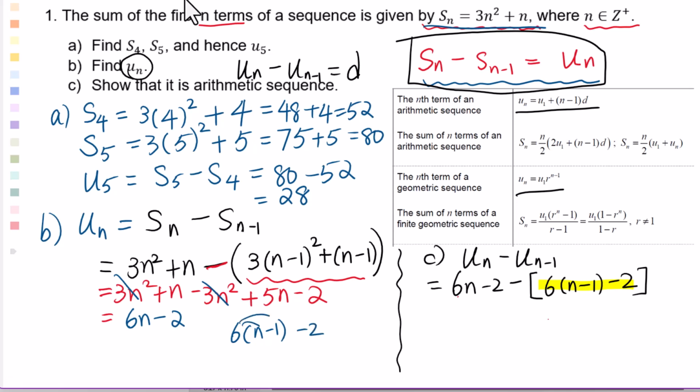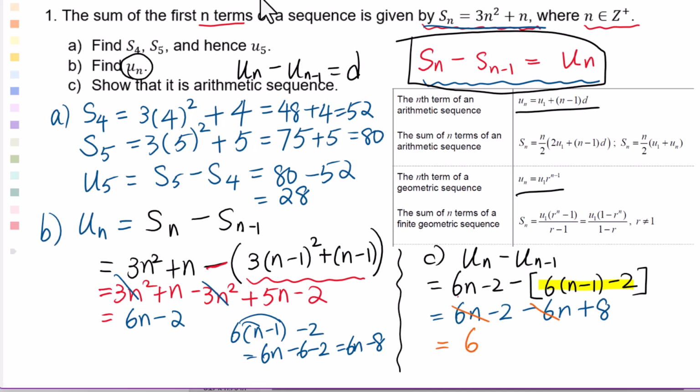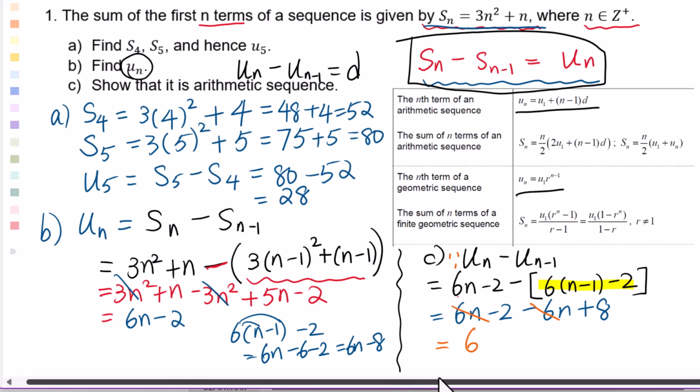Distributive property: 6n minus 6 minus 2 equals 6n minus 8. So we get 6n minus 2 minus 6n plus 8. Then combine like terms equals 6. So it's an arithmetic sequence.